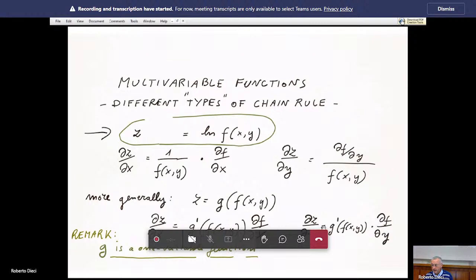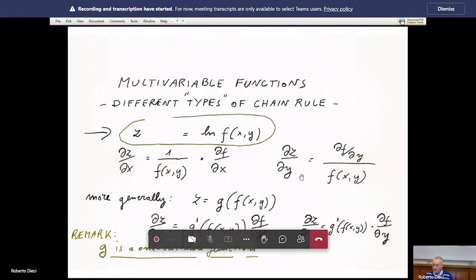Similarly, the partial derivative of z with respect to y is g prime of f of xy multiplied by the partial derivative of f with respect to y. So this is a straight generalization of the 1-variable chain rule.